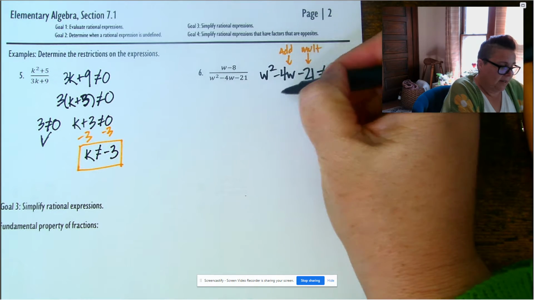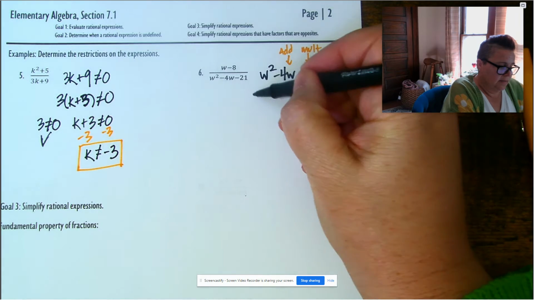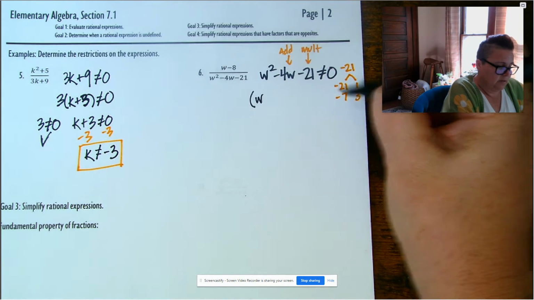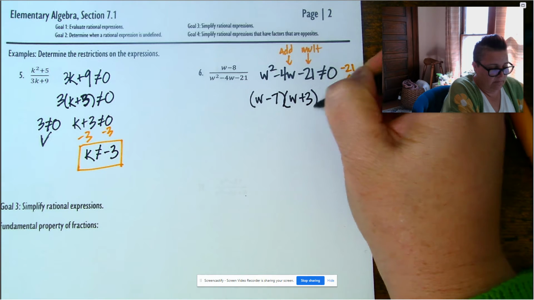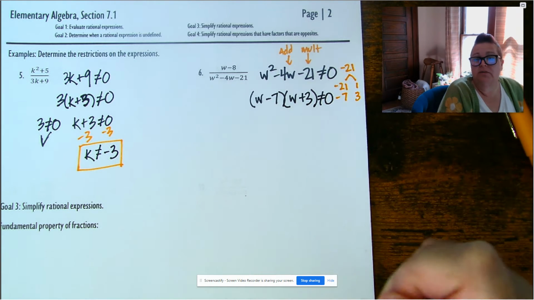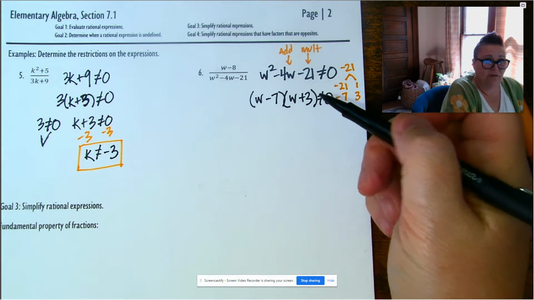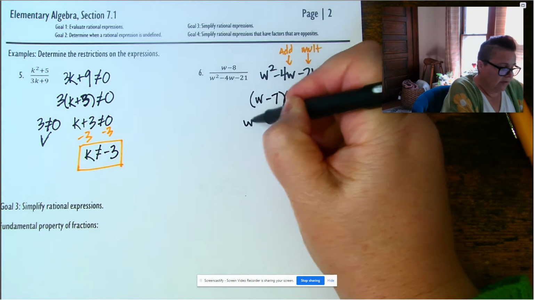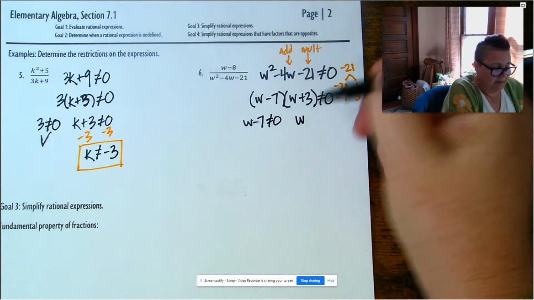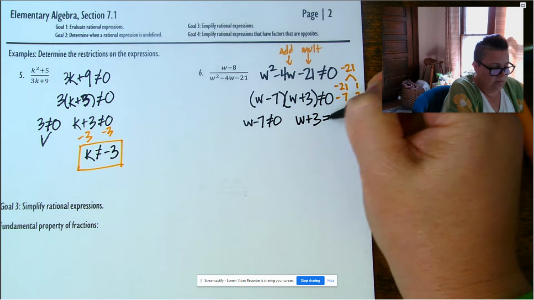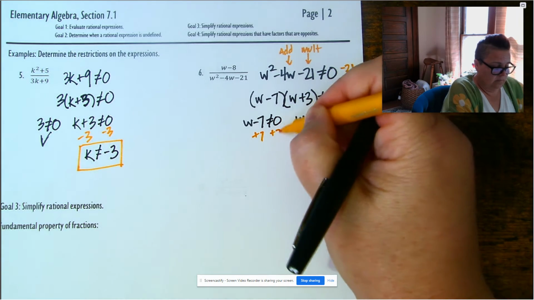That means that I recognize that when there's a 1 here, my factors will end up being w minus 7 and w plus 3. Using the zero factor property, either the first factor cannot be 0 and the second factor cannot be 0. I would add 7 to both sides.